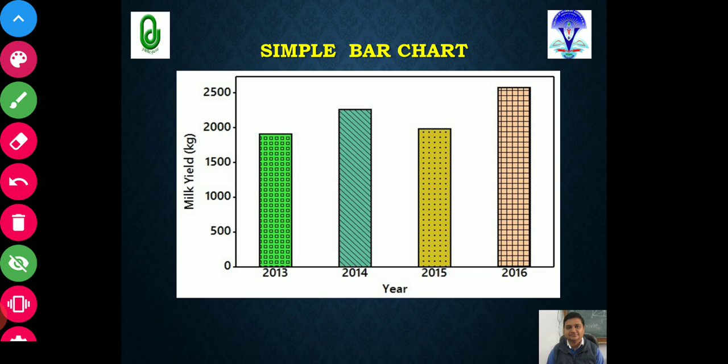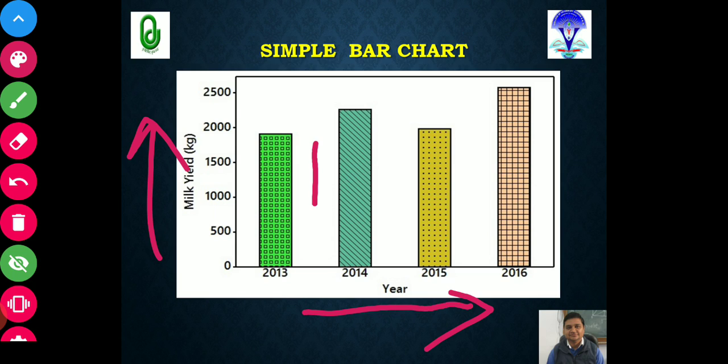On the x-axis we have put the year, and on the y-axis the milk yield. The height of the bar represents the frequency of that particular category. In 2013 the milk production was 1800 liters, in 2014 it is 2200, in 2015 it is 1900, and in 2016 it is 2500.